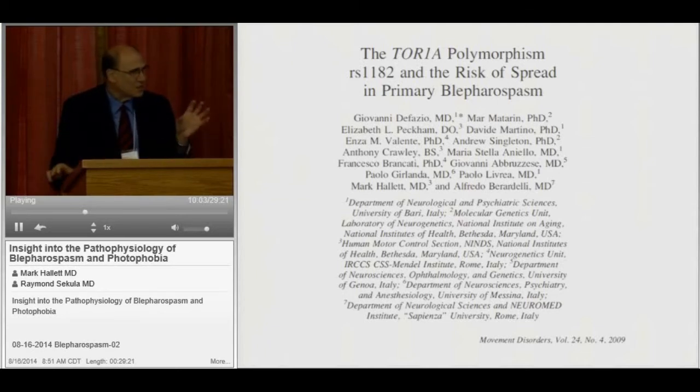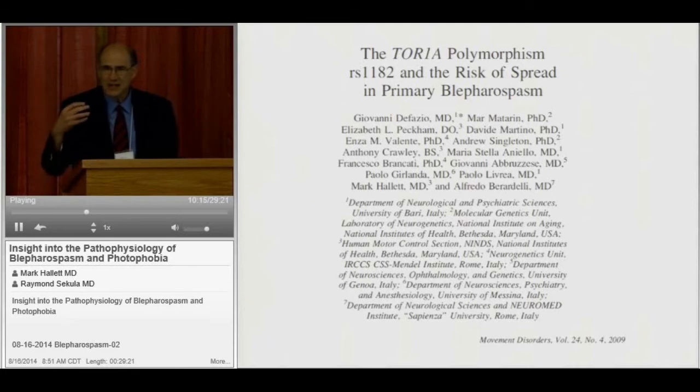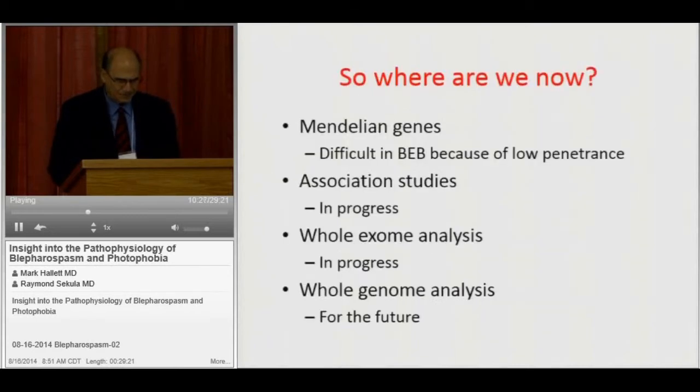There is one polymorphism in the TOR1A gene, which is also the DYT1 gene, that influences the risk of spread of blepharospasm. So it's a risk gene influencing spread, but not influencing whether you develop blepharospasm in the first place. So there's a little bit of genetic information, but we don't know a whole lot yet.